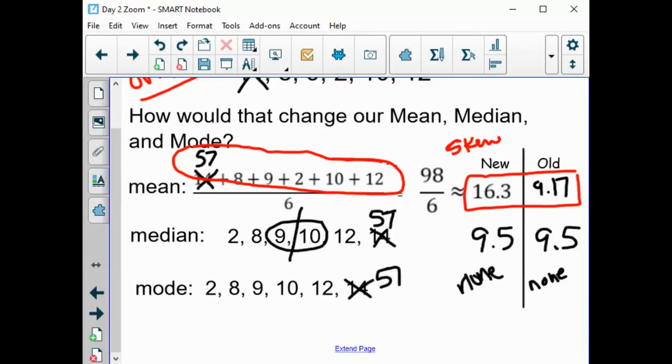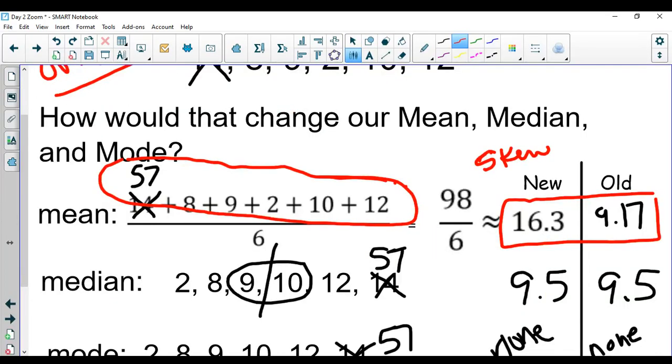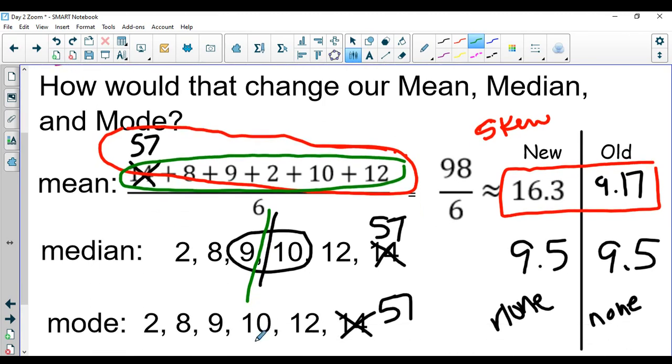Oh no. Okay, sorry, I have problems with my markers. The old data had the 14 in there, right? 9.17, if we looked at the ordered data down here, would also be between 9 and 10, right? So an outlier skews the mean, but it doesn't really mess with the median or the mode.